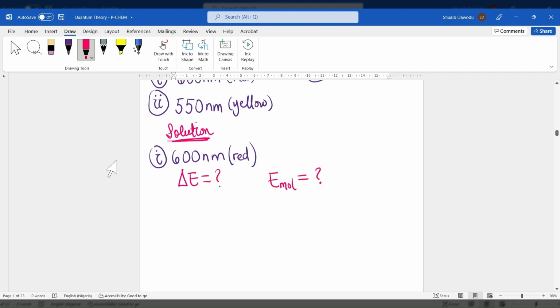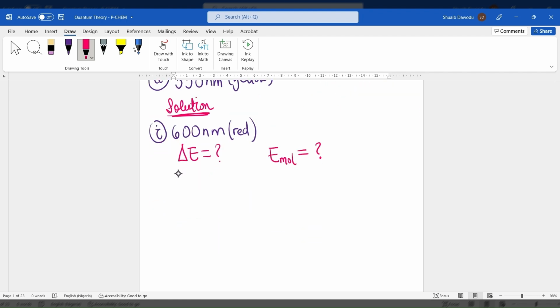Now, it's important for you to know that the formula for solving the change in energy, or basically the energy of a photon, is change in E equals h nu, where this h right here is what you call Planck's constant.